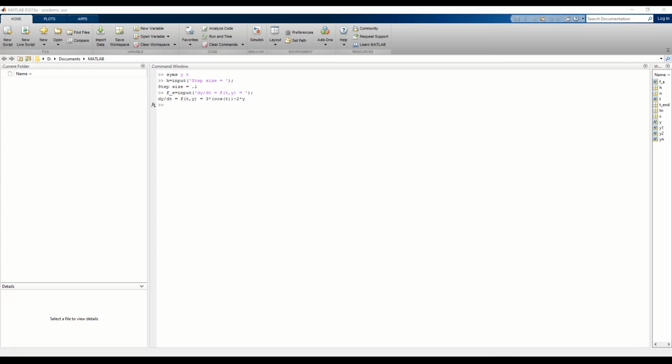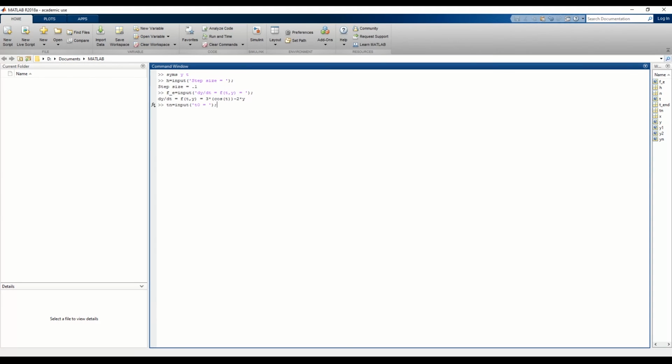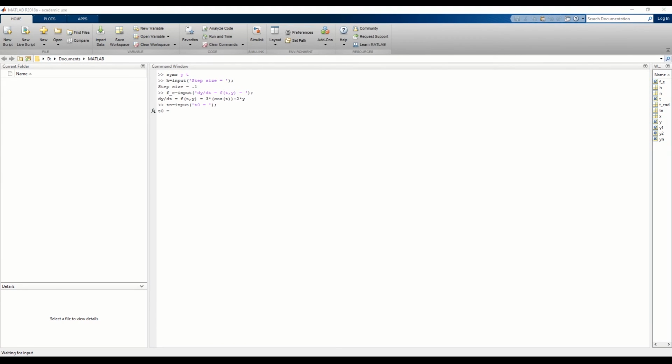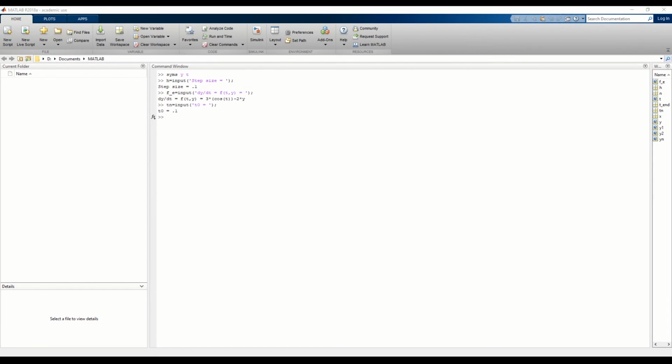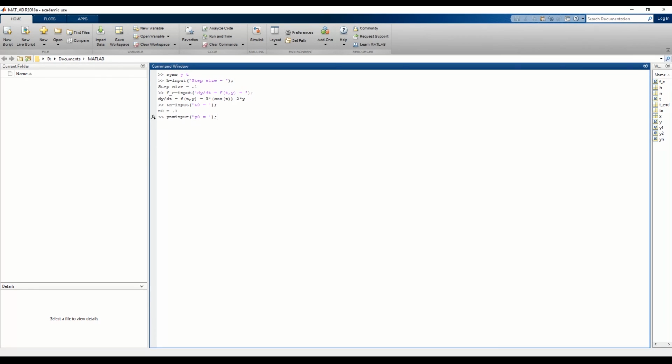Next, we input the t sub 0 in our equation. Here, we're going to use t sub 0 of 0.1. Next, we input the y sub 0.